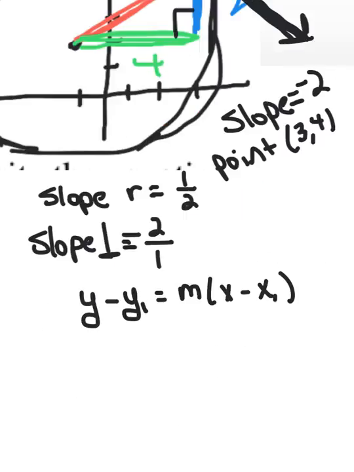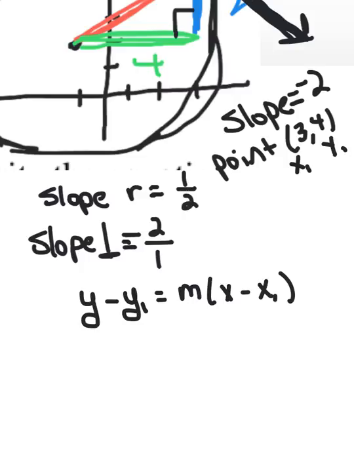The point slope formula is y minus y1 equals m, which is slope, times x minus x1. Now all we're going to do here is substitute in our point 3, 4 for x1 and y1. So we know that 3 is our x1, and we know that 4 is our y1. I'm going to go ahead and label those.